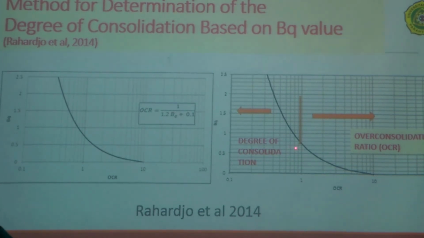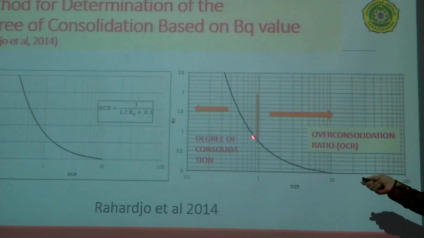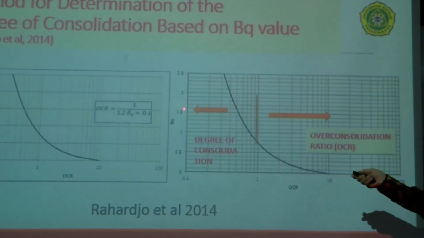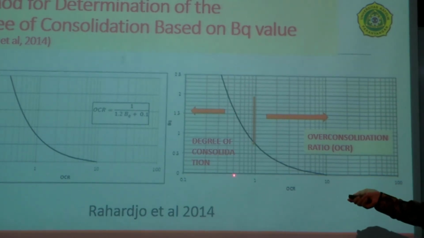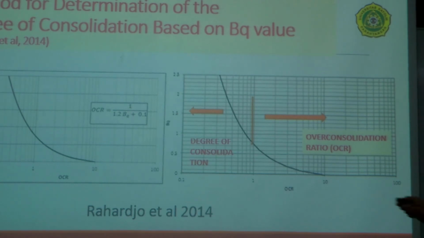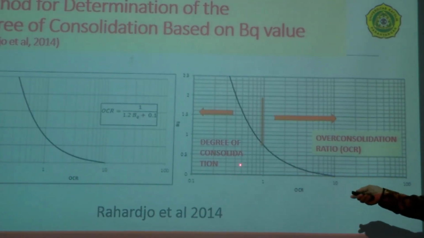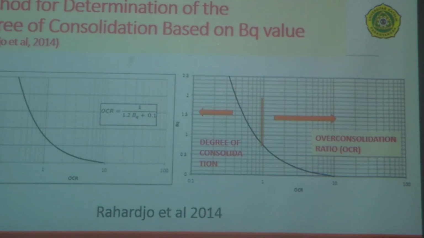If the value of BQ is less than about 0.75, it is over consolidating. If it is higher, it is under consolidating. So let's say if it is 2.5, we get the degree of consolidation is about, this is 10%, 20%, 30%, 40%. So we know the degree.